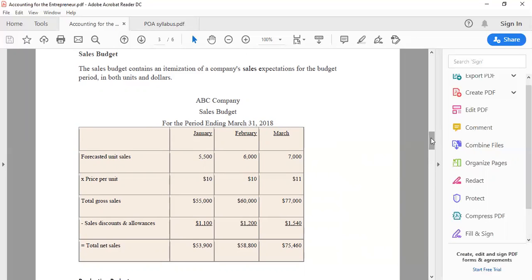We have to minus that from our total gross sales, which means the net sales for January would have been 53,900. In February, our discounts were 1,200, so we take that away from our gross sales to give you the net sales of 58,500. And in March, allowances of 15,040, we take it away.